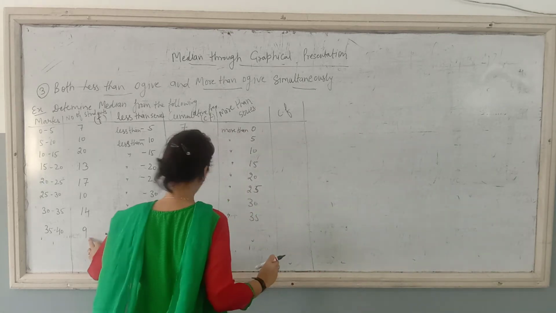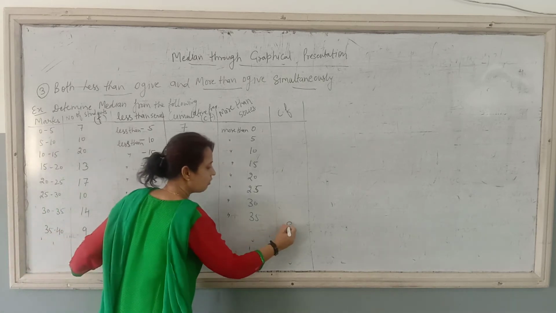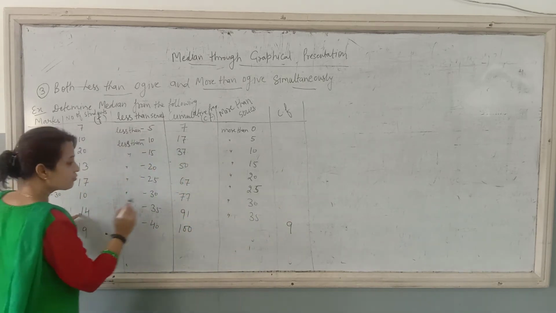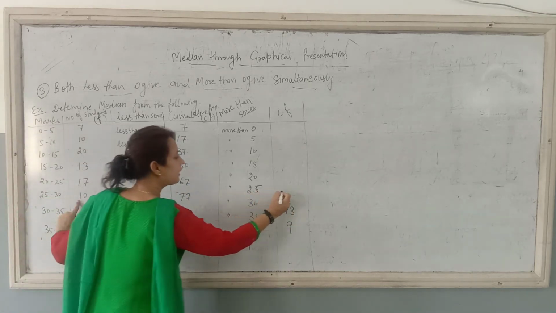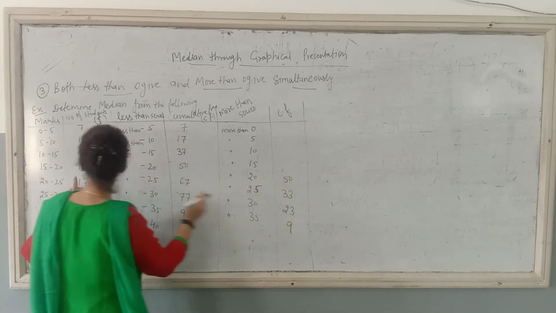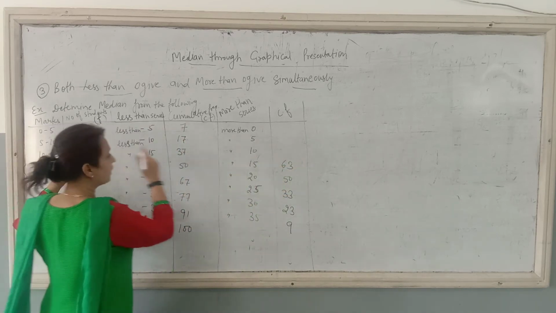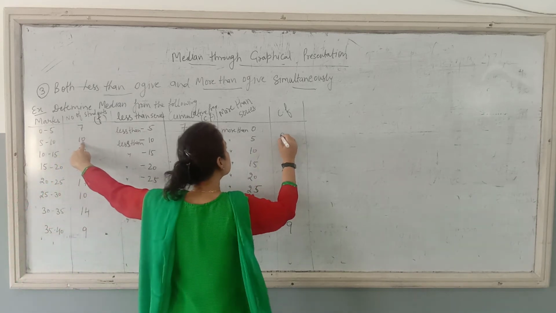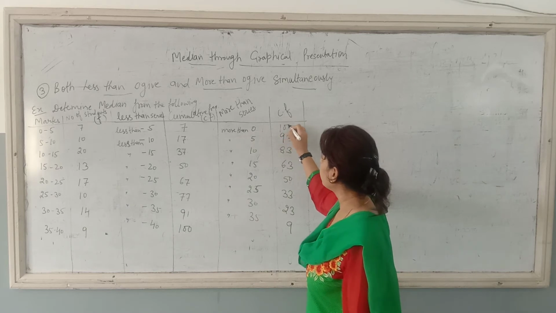You have to write the last f as it is, 9. 9 plus 14, 23. 23 plus 10, 33. 33 plus 17, 50. 50 plus 13, 63. 63 plus 20, 83. 83 plus 10, that is 93, and 93 plus 7, that is 100.